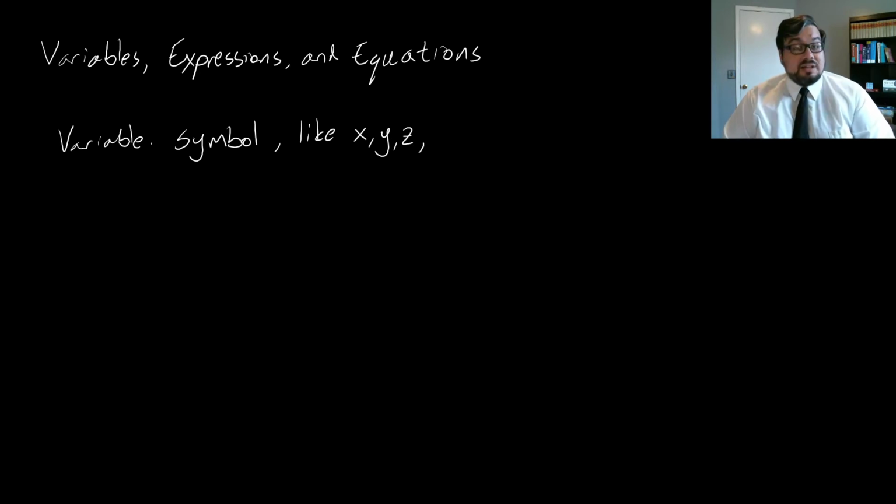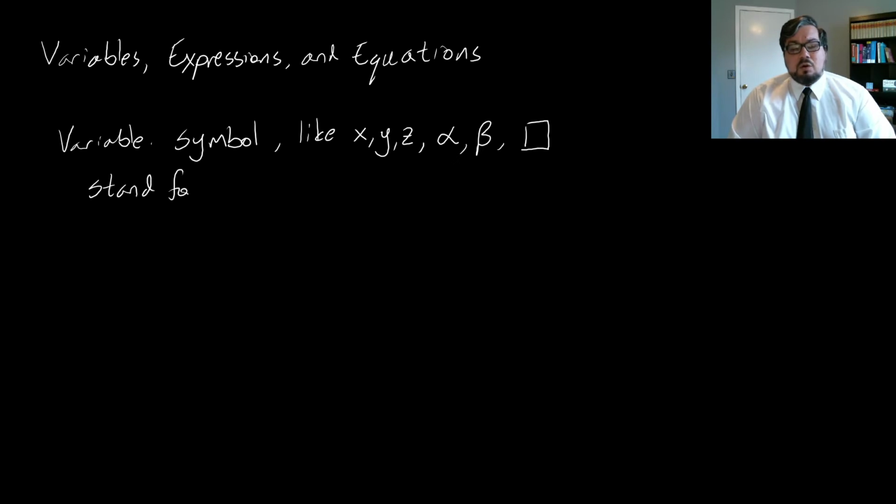We'll often use letters from other alphabets like alpha or beta from the Greek alphabet. Every once in a while, we'll use just a symbol like a square. And these symbols stand for quantities.